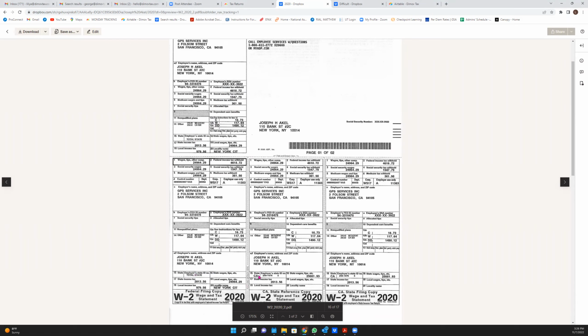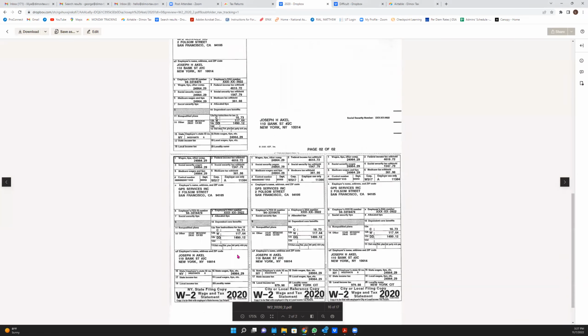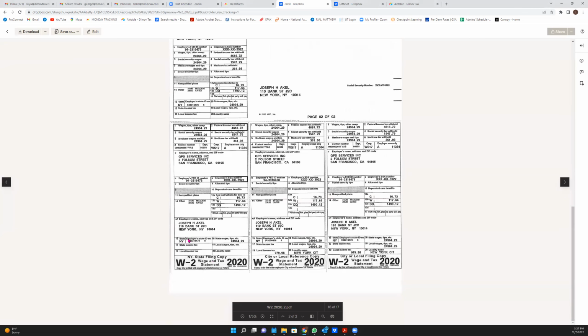Well, what we need is separately stated states. Because it's California and New York, we need to know what are state wages for California and what are state wages for New York. Also, it's going to give you here the locality, so local wages and then local income tax. What is the locality? New York City.